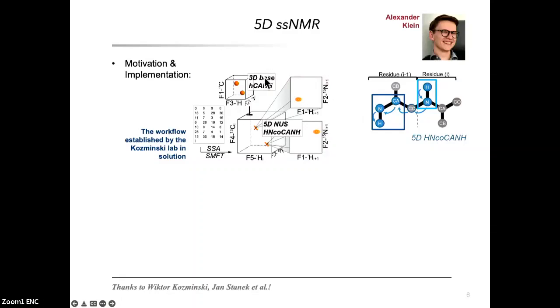So we would use a 3D base experiment like an HNCA to just look at those specific H, CA, and N positions to look at, for example, the next residue's H and N 2D plane.